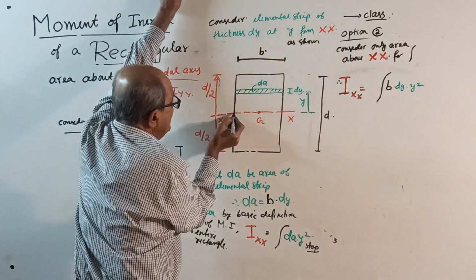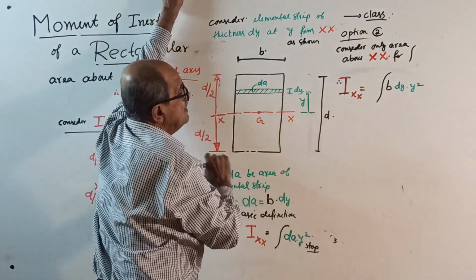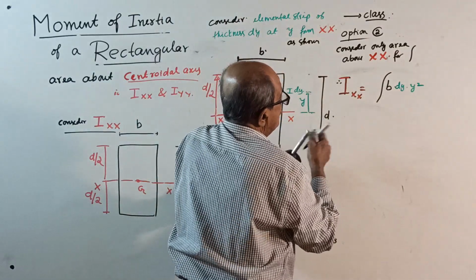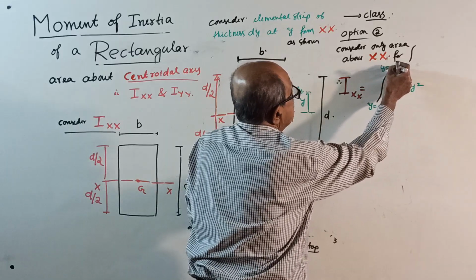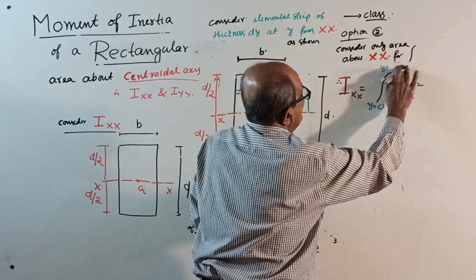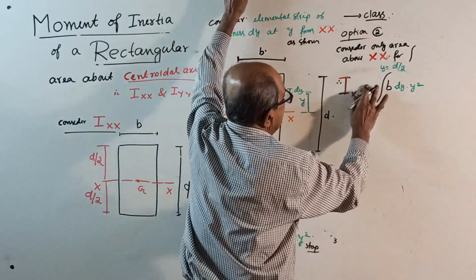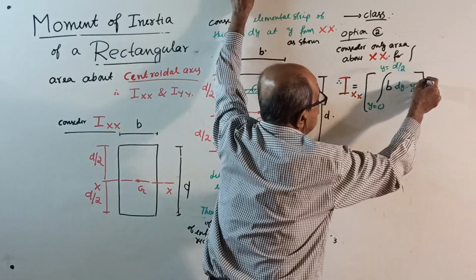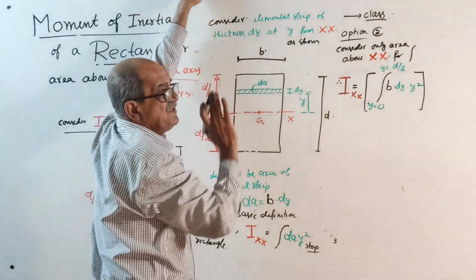You consider only, from xx up to the extreme fiber, y equal to 0 to y equal to d by 2, no plus minus, no sign required. Now very important, this will give the moment of inertia of the rectangular area above the xx axis.